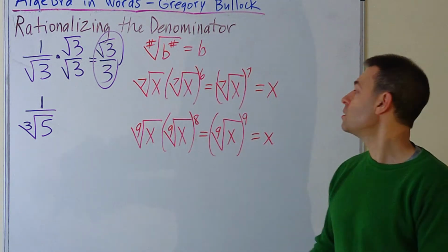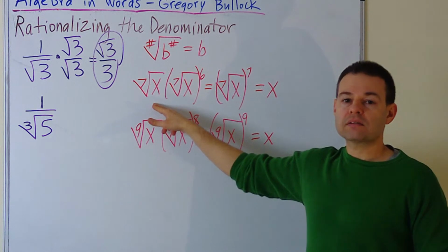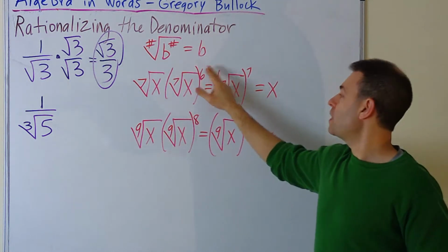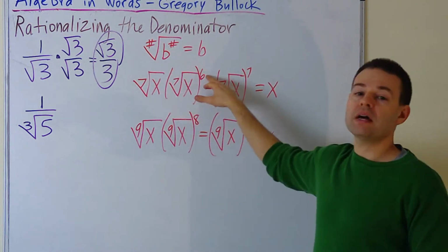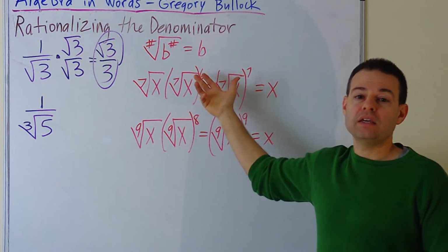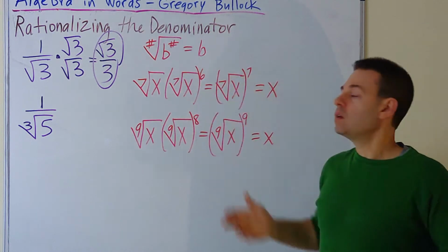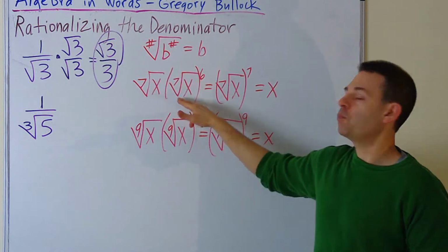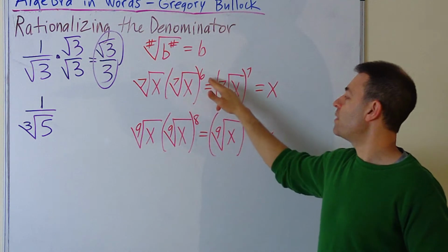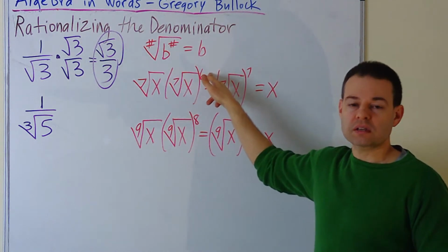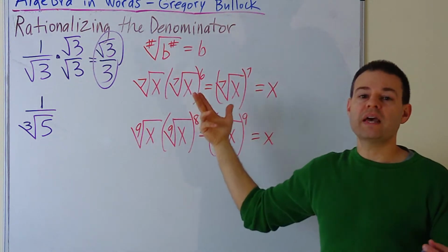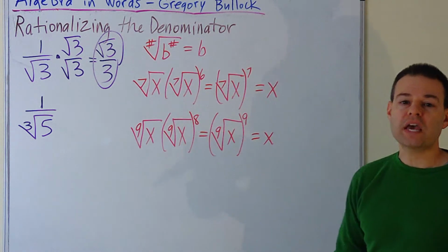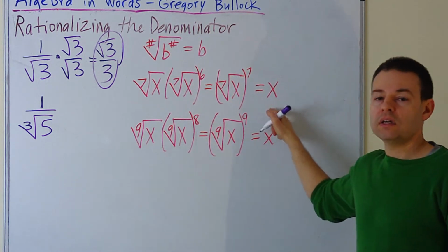Well, the answer is the 7th root of x, the number of factors, so that when this plus this are added, they equal the root, which is 7. So if this represents the 7th root of x to the power of 1, and we multiply it times the 7th root of x to the power of 6, 1 plus 6 is 7, and then the root and the power are the same, and then they equal x.